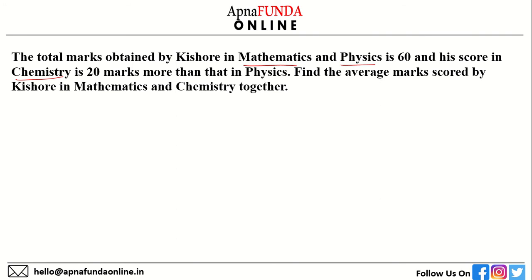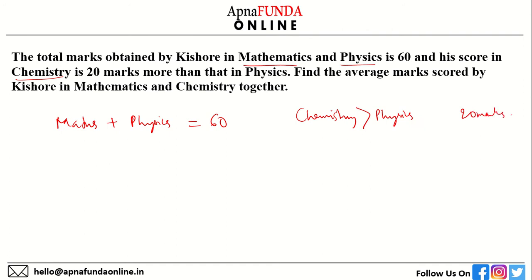The total marks obtained by Kishore in maths and physics is 60. Correct. His score in chemistry is 20 marks more than that in physics. So chemistry is greater than physics by 20 marks.